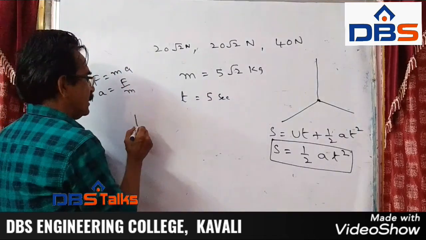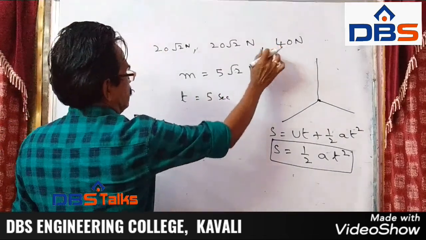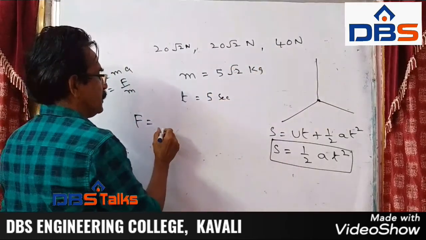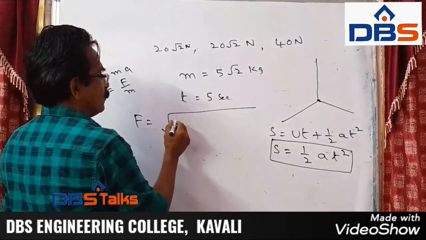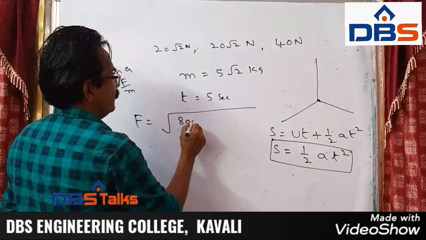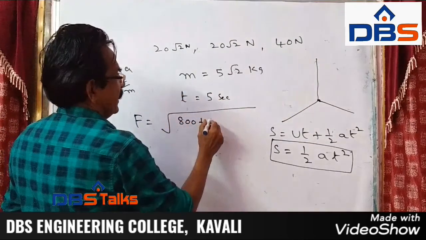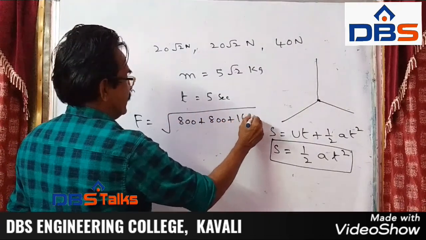So the net force applied on the body is equal to root of this square plus this square plus this square, since these three are perpendicular to each other. So root of 20 root 2 whole square, 20 square is 400 into 2 is 800, plus again 800, plus 40 square is 1600.